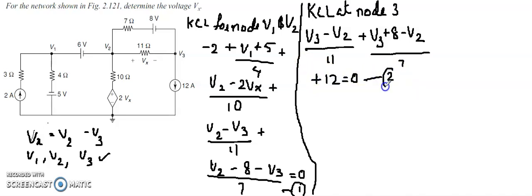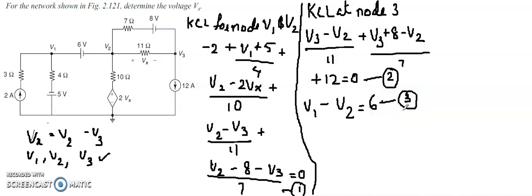That is equation number 2. And we need one more equation. What is the third equation? V1 minus V2 is equal to 6 volt, from here. That is equation number 3.